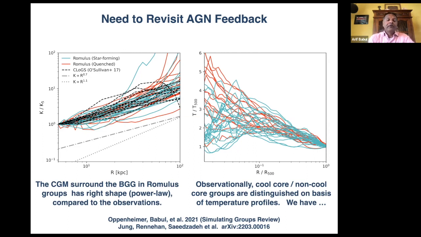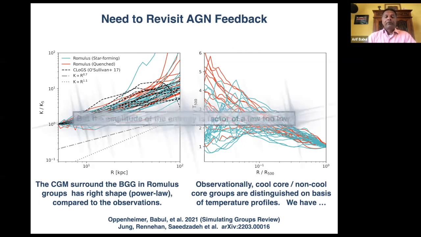Again, as you look at the entropy profiles on the left, you'll see that cool core and non-cool core groups do not show any difference in the shape of their entropy profiles. Groups are characterized as cool core and non-cool core based on their temperature profiles. And from that perspective, Romulus simulations do really well.